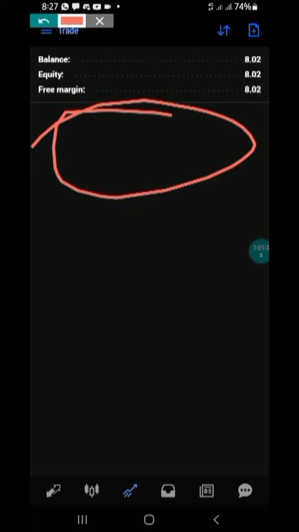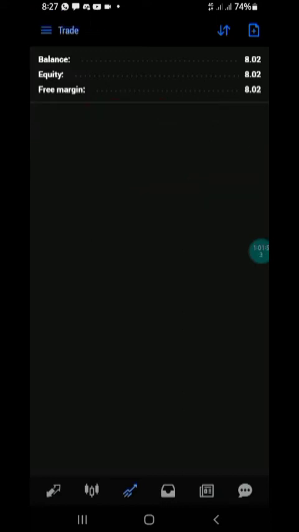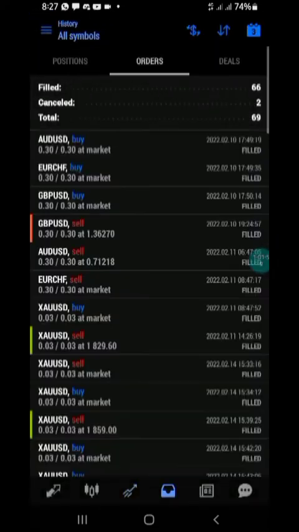If you take a wrong trade and it's about to eat into all your money, burn your balance to zero, they will close every trade you have automatically without you knowing. So whenever they close a trade, or whenever you close a trade, you come down to this part and you see where the trade is.